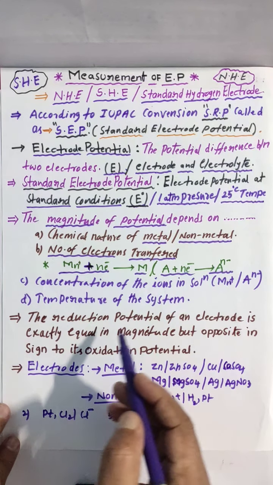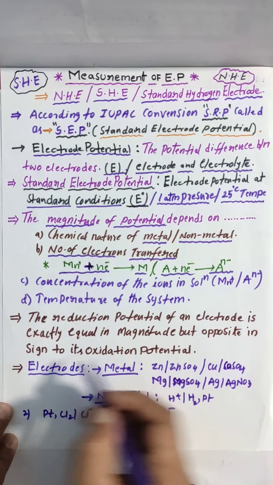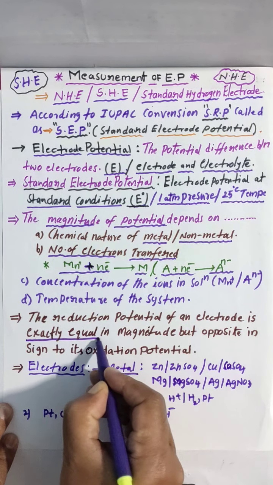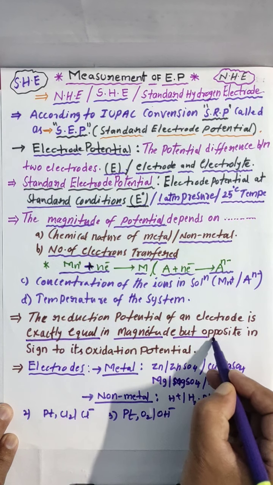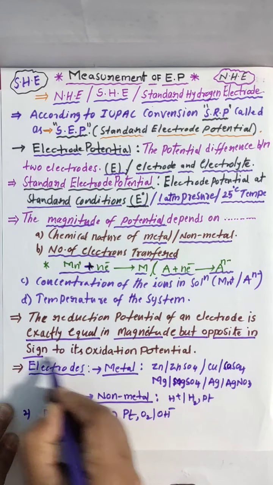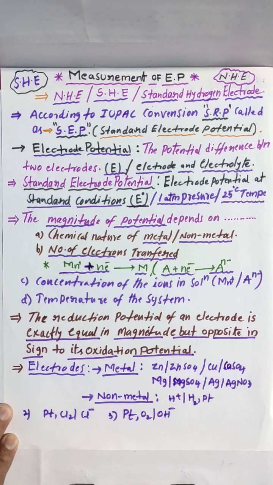Next, the reduction potential of an electrode is exactly equal in magnitude and opposite in sign to the oxidation potential. This is very important.